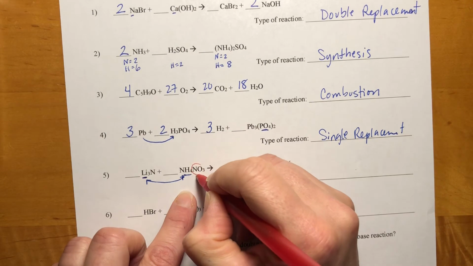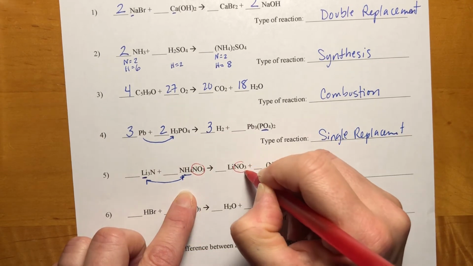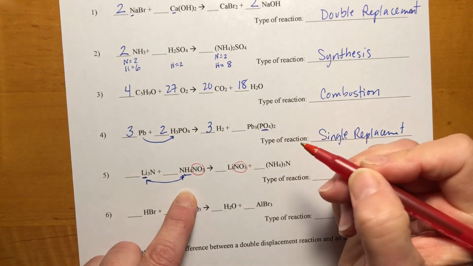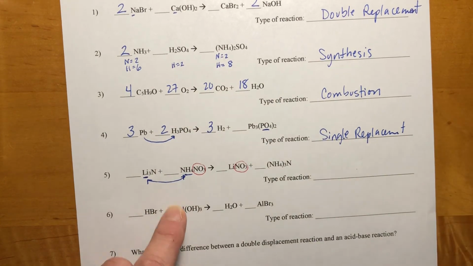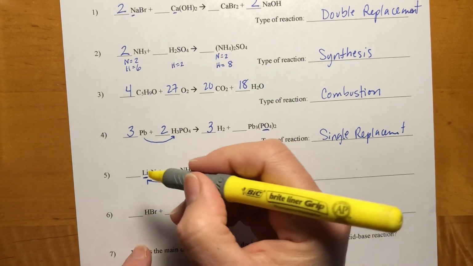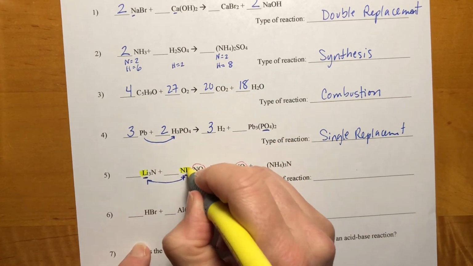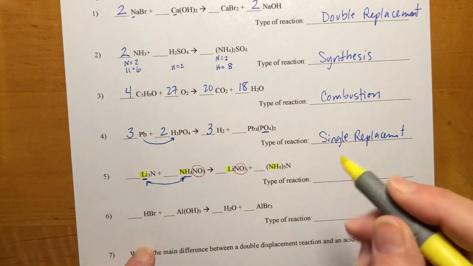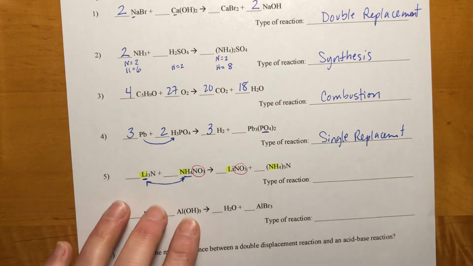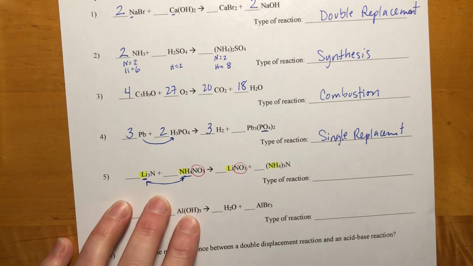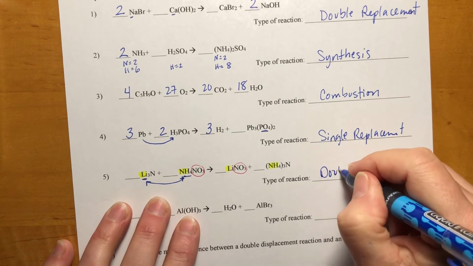Right, you can see here's the nitrate, and here's the nitrate. It's switched. And here's the lithium, and here's the ammonium. They switched who they were bonded with. So this is a double replacement.